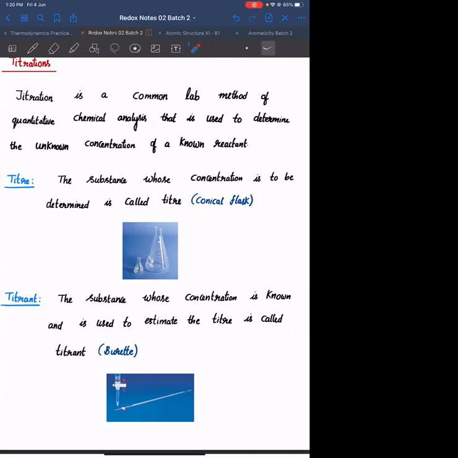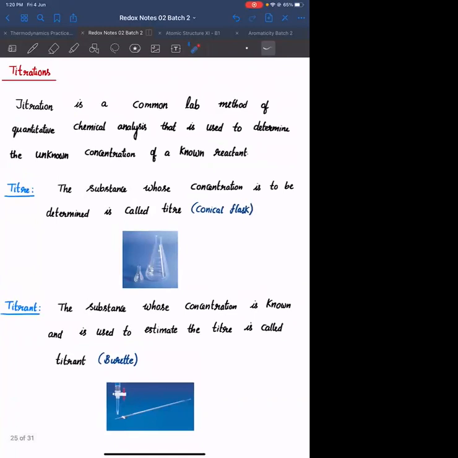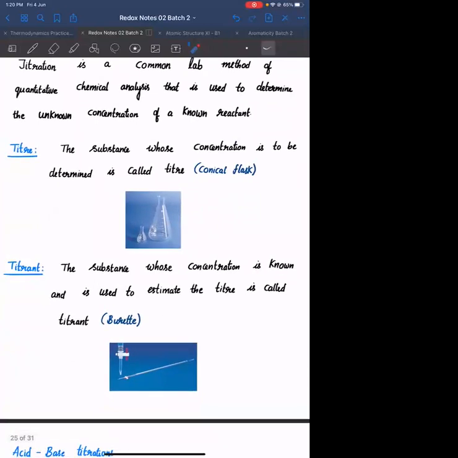If you want to find the concentration of the oxidizing agent, you will be taking the oxidizing agent in the conical flask and you will be introducing the titrant, the reducing agent, through the burette. If you want to find the concentration of the reducing agent, you will be taking that reducing agent in the conical flask and you will be introducing the oxidizing agent through this burette.